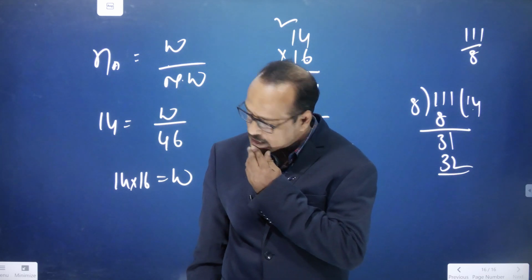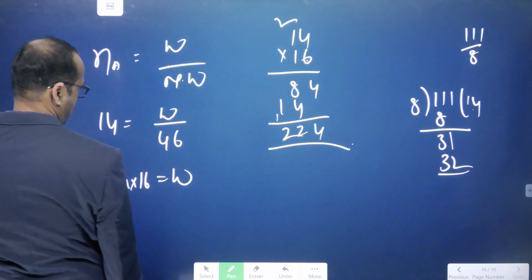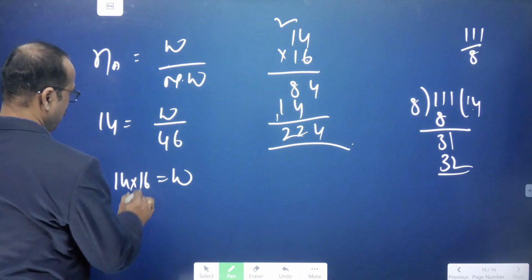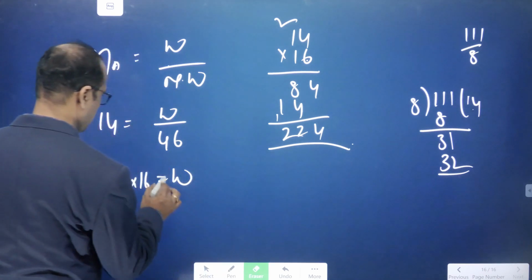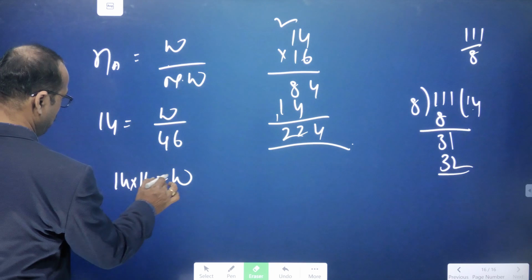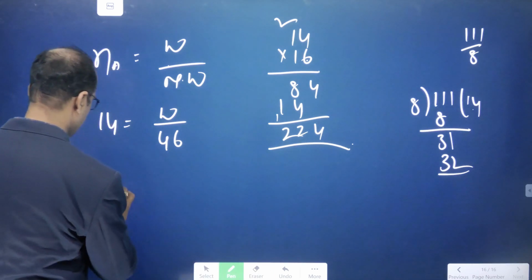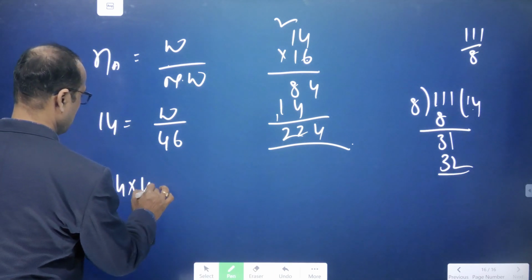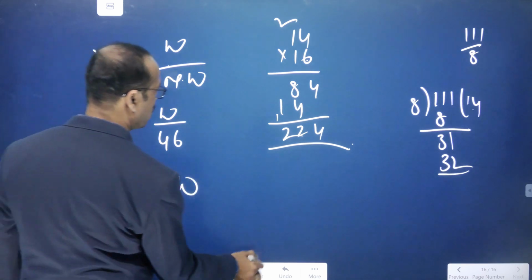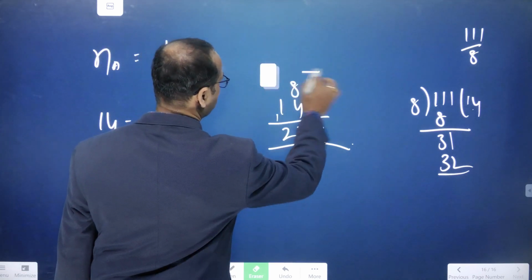Somewhere the calculation is wrong. Oh, sorry, here it is 46, so this should be 46. So 14 into 46. Okay, once again we do the calculation.